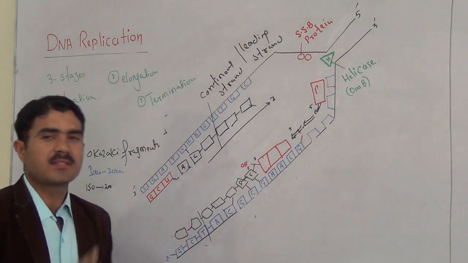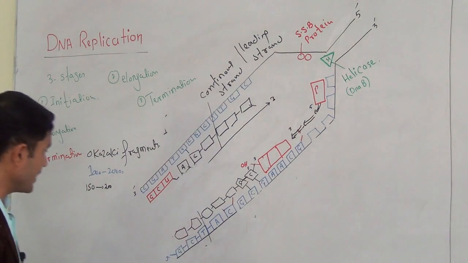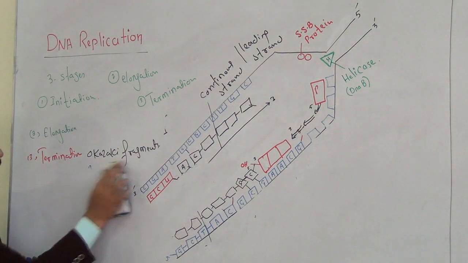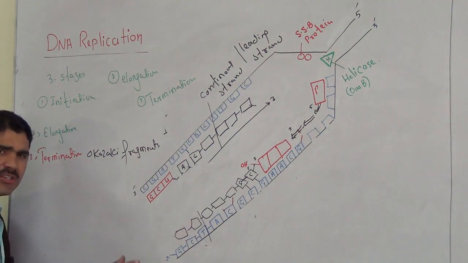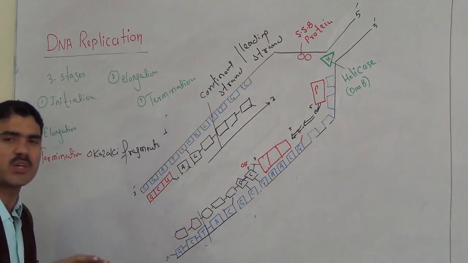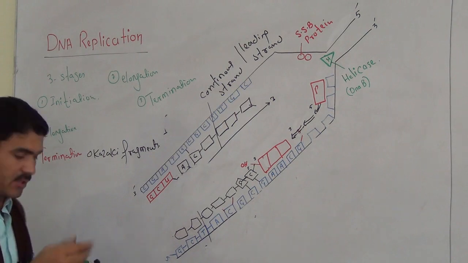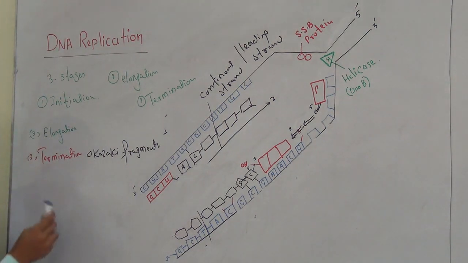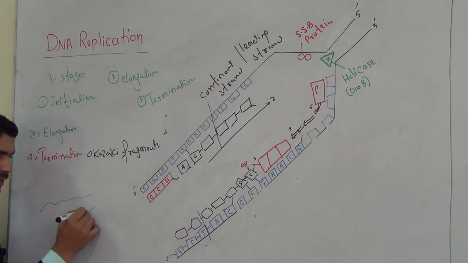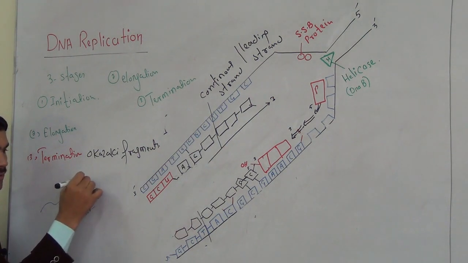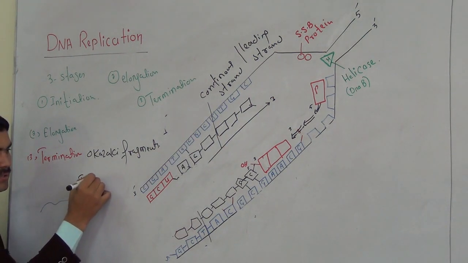How is that process terminated? Just as in the initiation phase there is a specific sequence in the DNA called the origin of replication, for termination there is also a specific sequence in the DNA. They are called ter, for terminus.